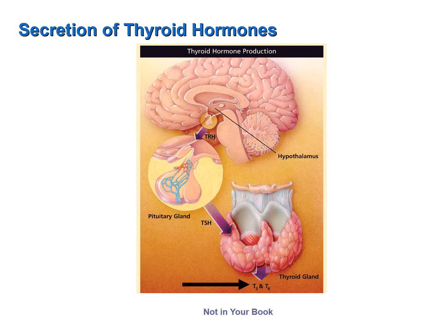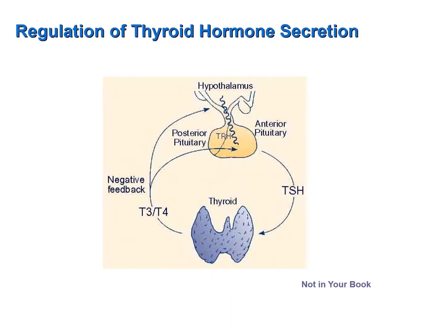Although T3 is the more potent form of thyroid hormone, 90% of the thyroid hormone is in the form of T4. T4 is converted to T3 by the target cells. Thyroid hormone secretion is regulated by classic negative feedback.